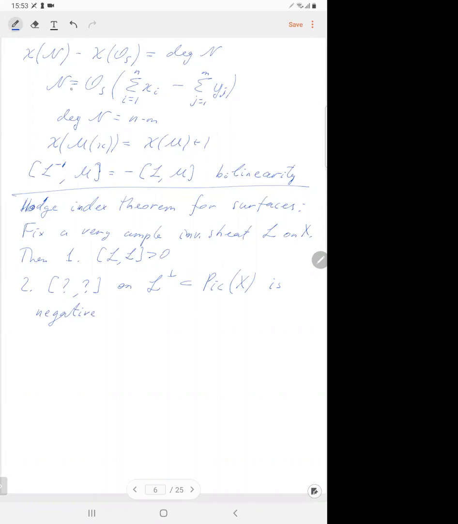Not necessarily negative definite, but negative. So, M is less than or equal to 0 if the pairing of M and L is 0. Okay.